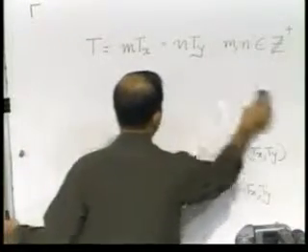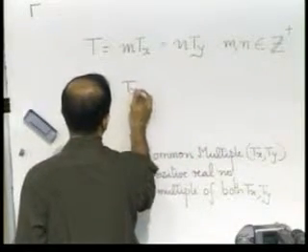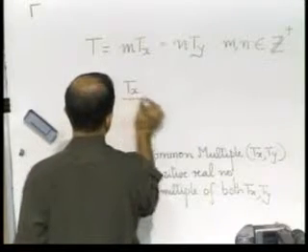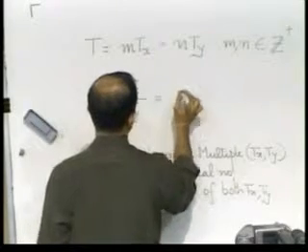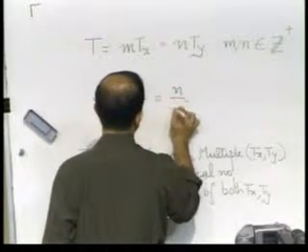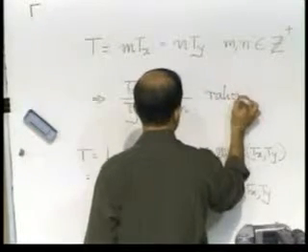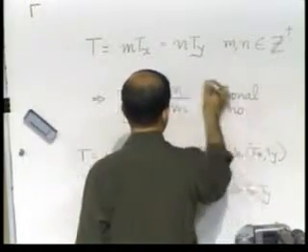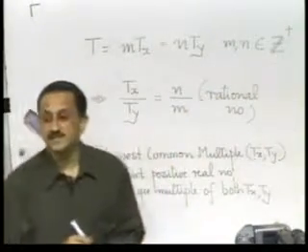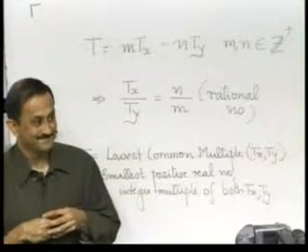And therefore, it is very clear then that Tx by Ty must be a rational number. This is a necessary and sufficient condition for the existence of a common period.